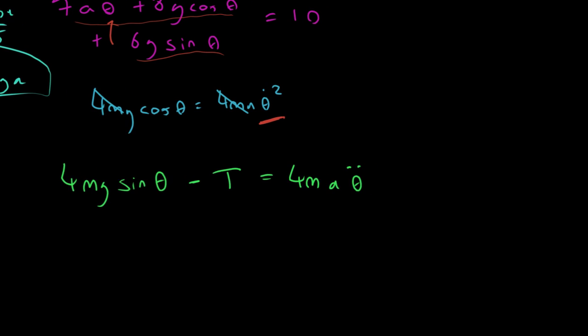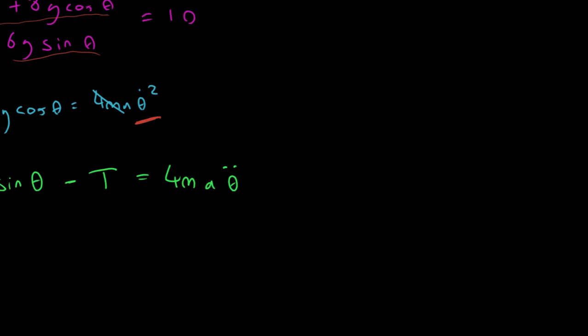Hope everyone's comfortable with radial and transverse accelerations. If I have a particle moving in a circle, there are two accelerations. There's one towards the center, and there's one perpendicular to that.